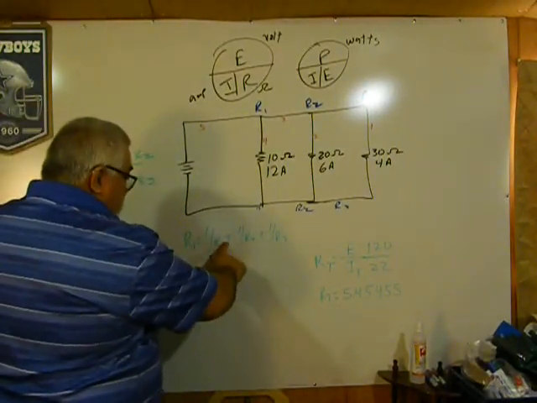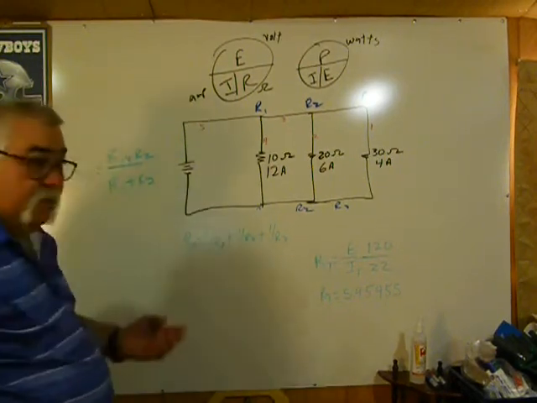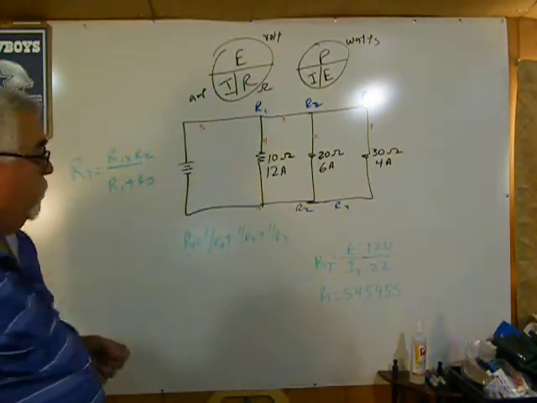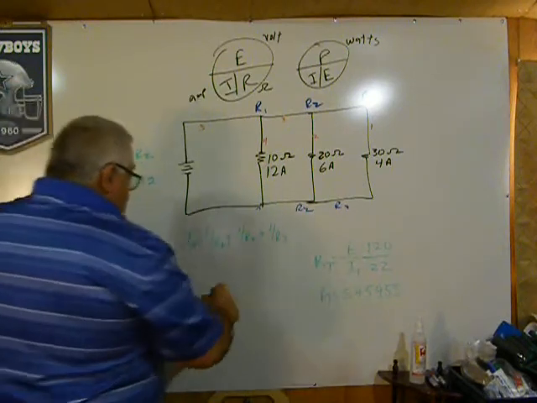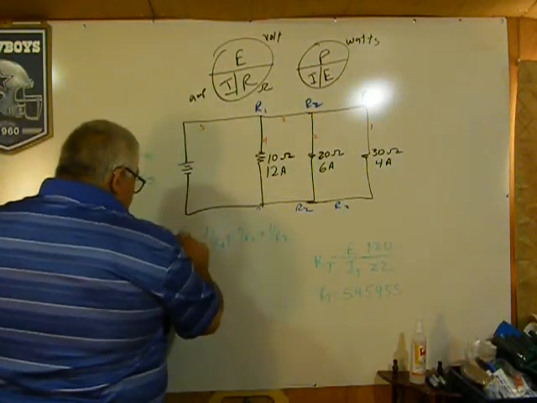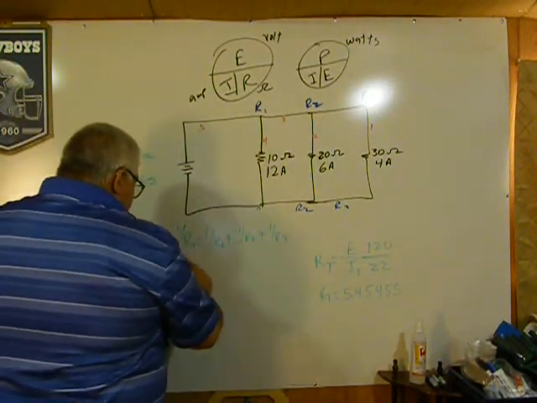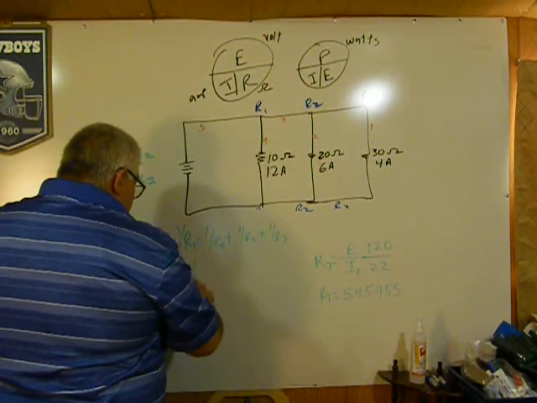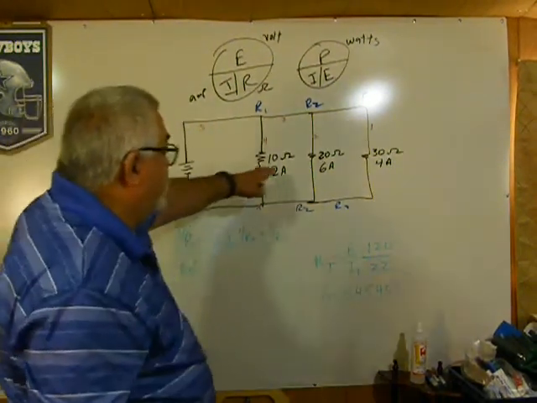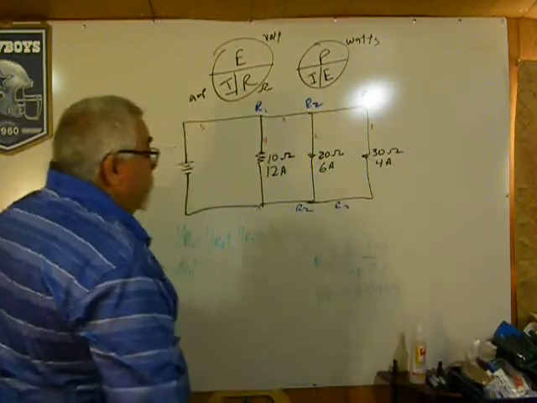So because in order to add them, we have to have a common denominator. So 1 over RT comes over. So it's going to be RT equals 1 over, so we need something that all these 3 would go into. So I'm going to say 60.